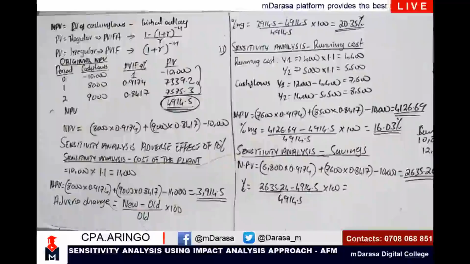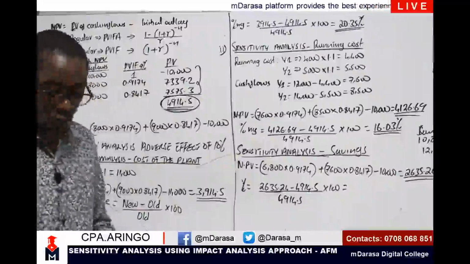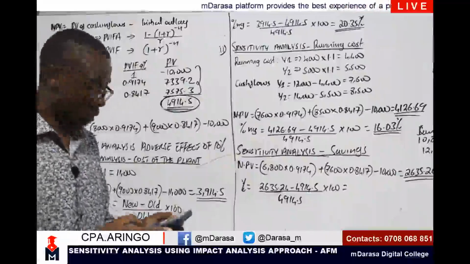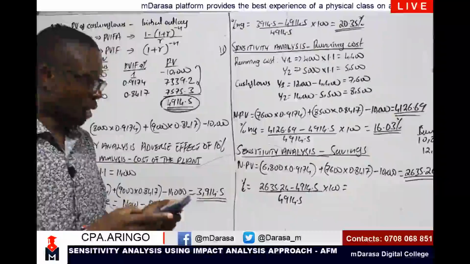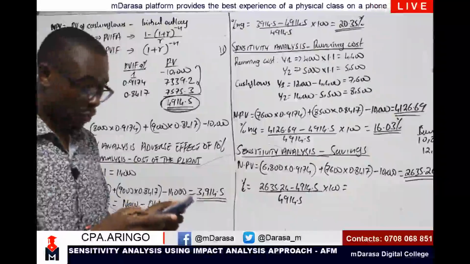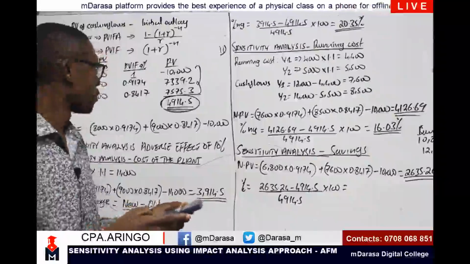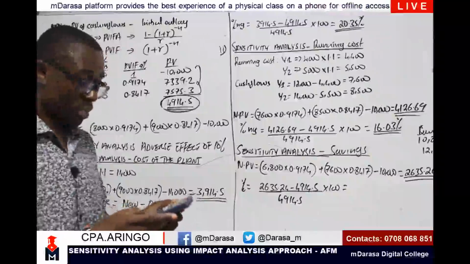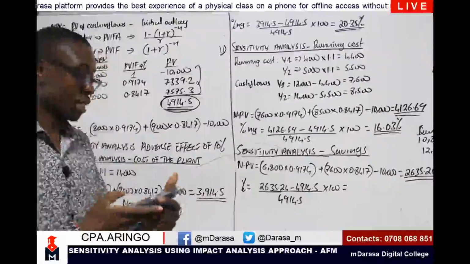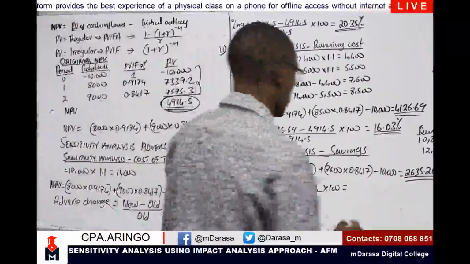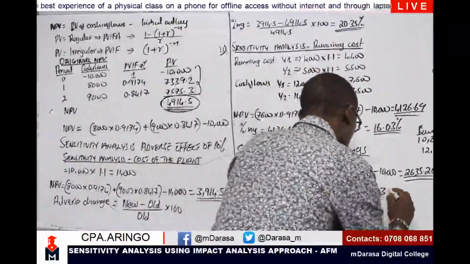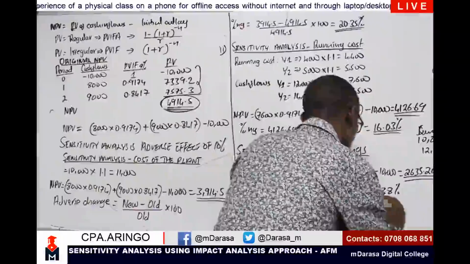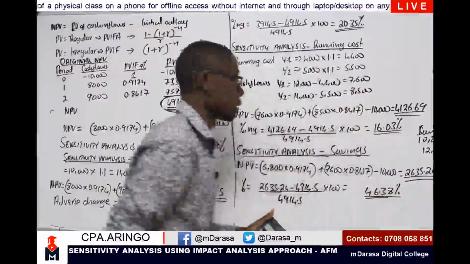So what will be our change? Our change, of course, will be minus 4914.5 divided by 4914.5 times 100. Wow, that is a very huge impact. 46.38%.